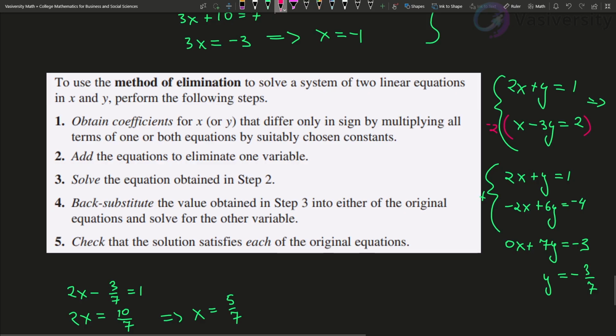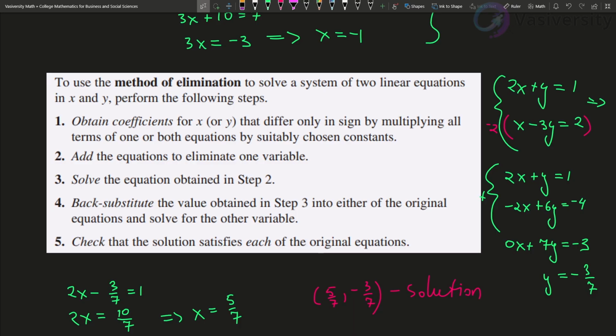So our solution for this system is going to be 5 over 7 comma negative 3 over 7. That's going to be our solution. So now we can solve the system of equations slightly faster, because we are able to just eliminate the variables we do not like.